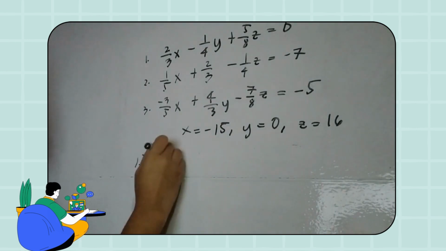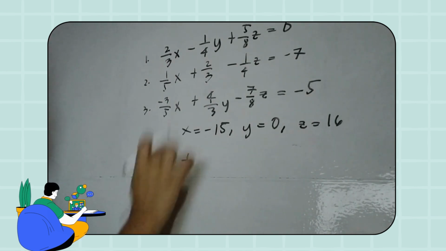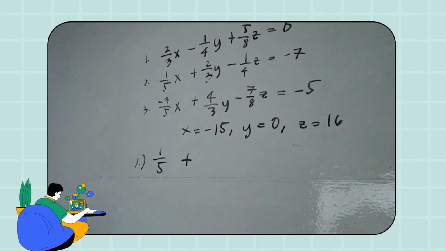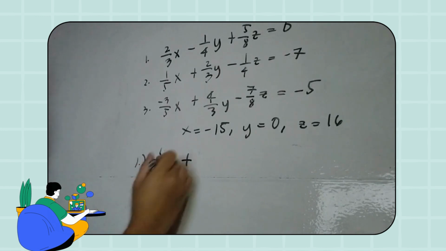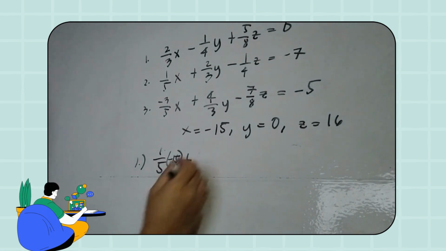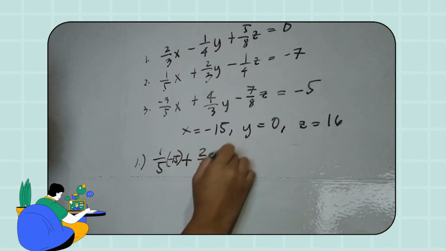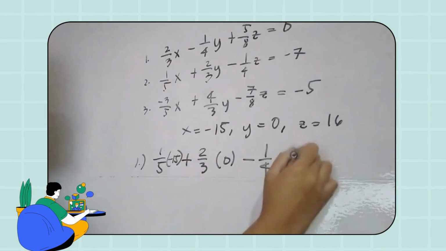Let's proceed with the second equation. 1/5 x. So for 1/5 x, we're going to substitute x with negative 15. For 2/3, 0. And for 1/4, 16.